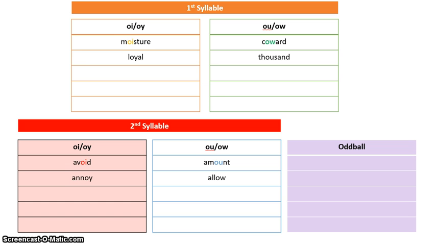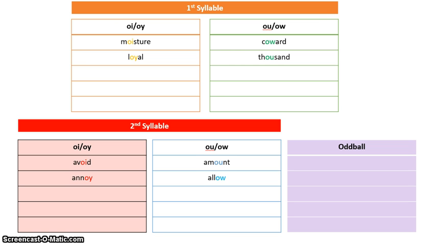So now what you need to do is take your colored pencils and highlight the letters that make that particular sound in those words. So it's going to be the OY in loyal, the OU in thousand, the OY in annoy, and the OW in allow.